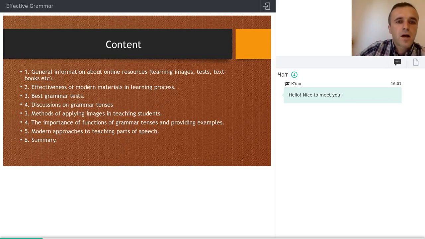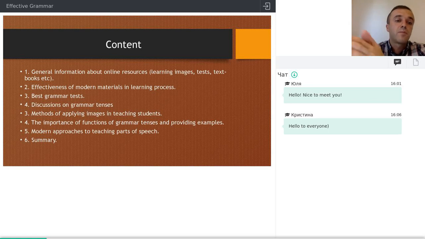Then different functions. You know that the functions are the most boring stuff for students, and I'll give you some examples of functions, real examples, and of course modern approaches to teaching parts of speech, like it was mentioned.